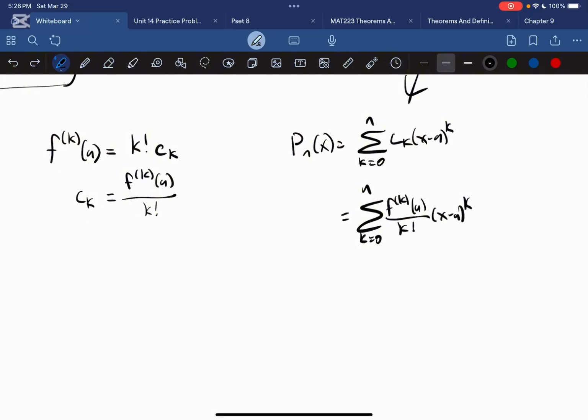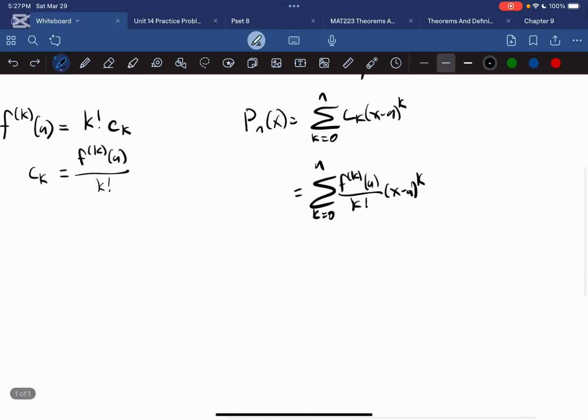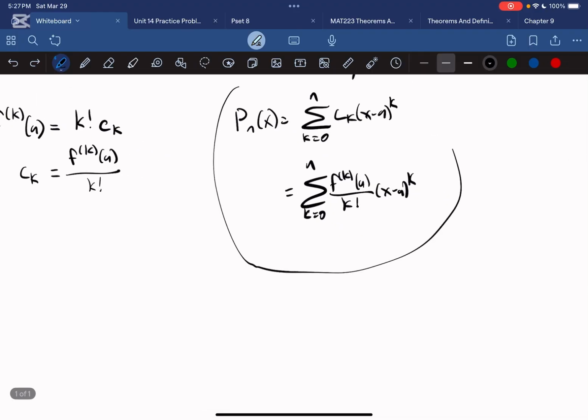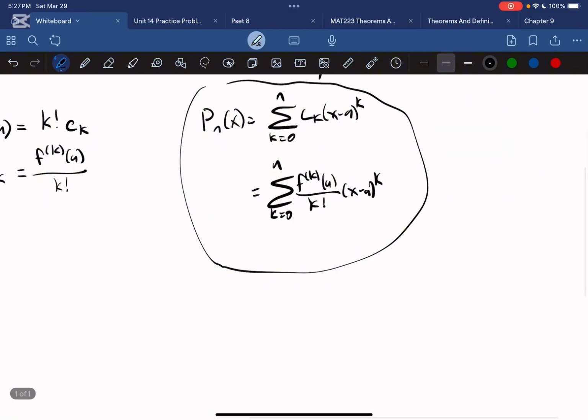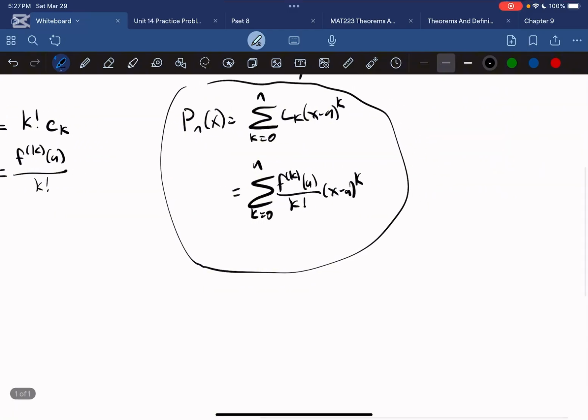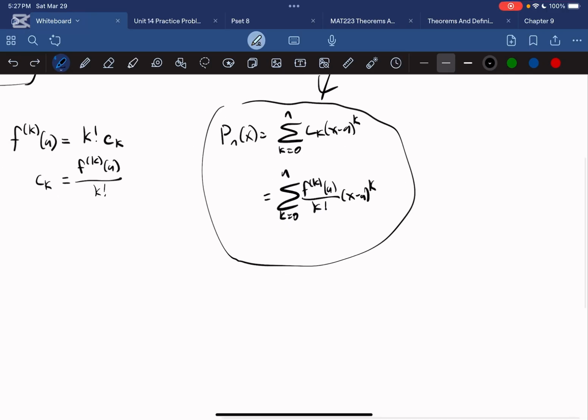Okay. So now, let's do some quick notation. This Pn, right, we will call the nth Taylor polynomial at a for f, okay? That's what we define this as.